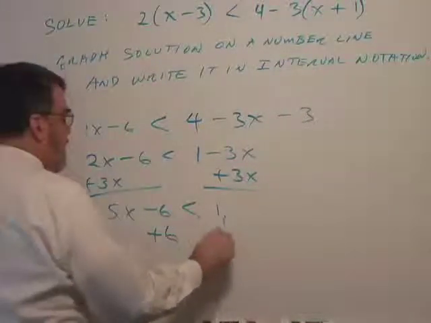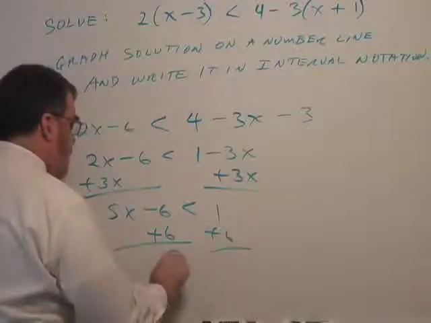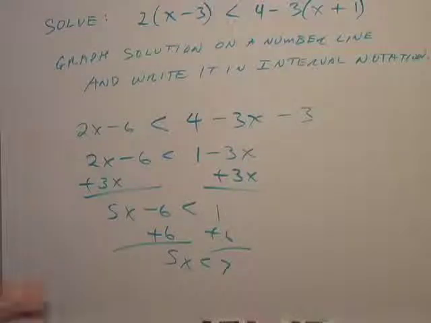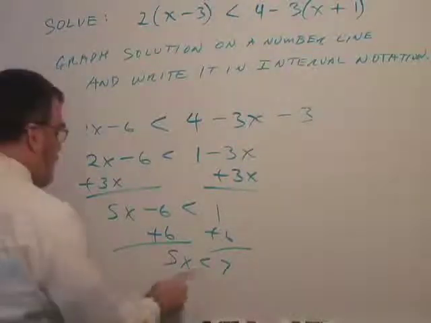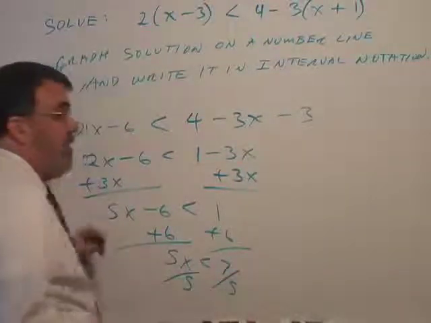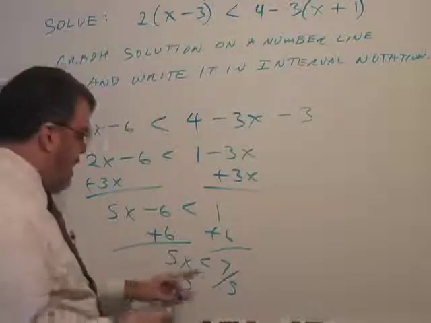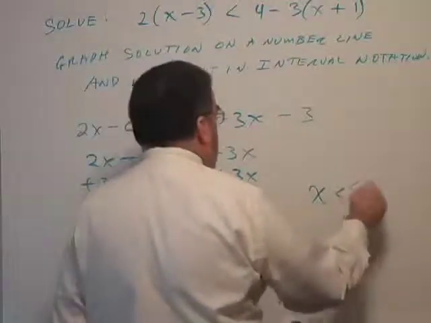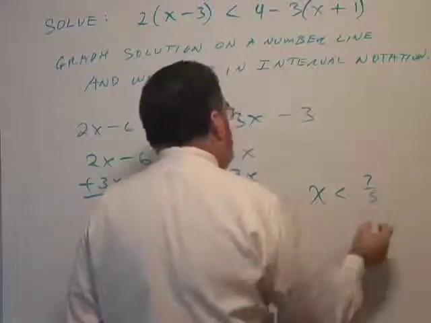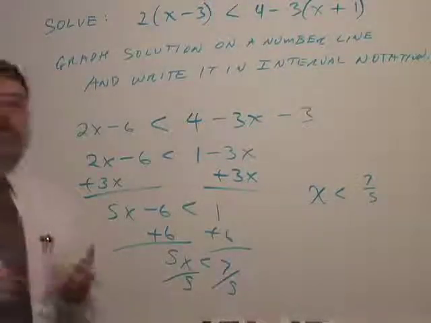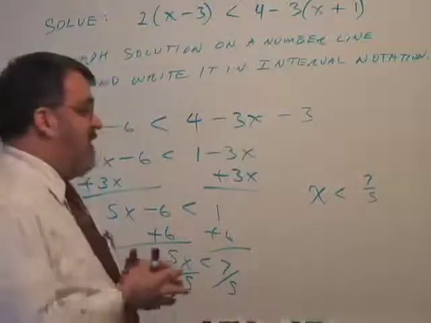I'll add 6 to both sides. 5x is less than 7. Now we're going to divide by 5 to finish. I'm dividing by a positive, so that does not change the inequality. So I end up with x is less than 7/5. Okay, so there's the inequality notation answer to this problem.